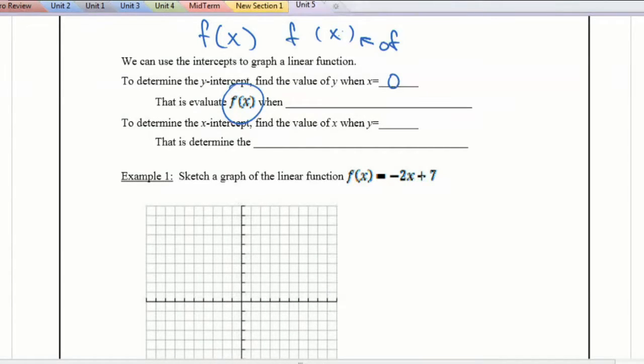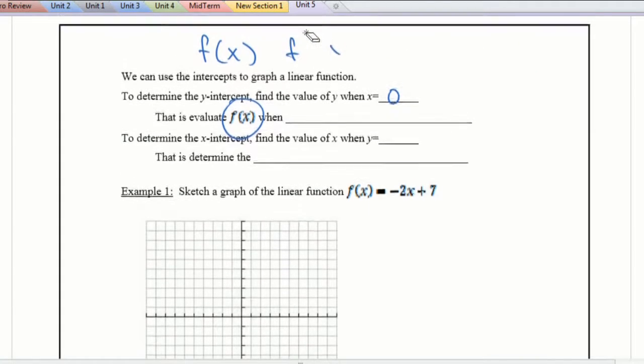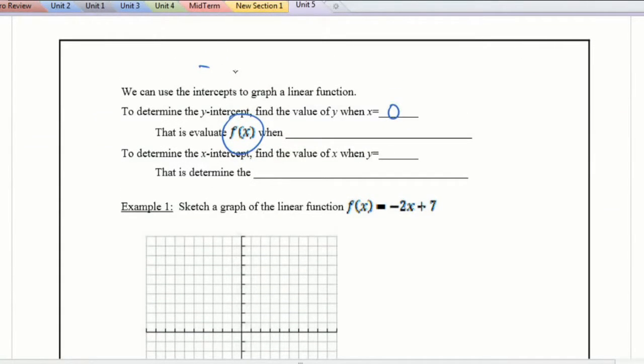I could have g, I could have h, I could have all sorts of other letters in there. It could be h of p or t of x. It's just function notation, kind of shorthand. We read this f bracket x as f of x.